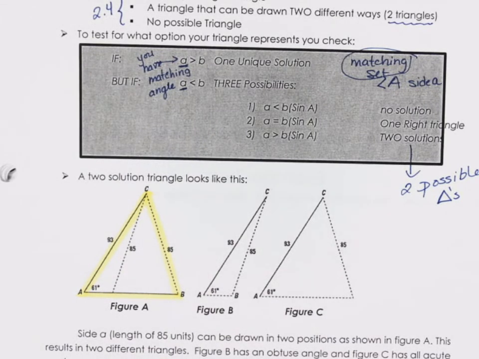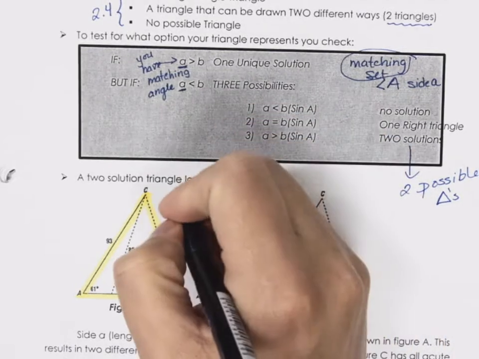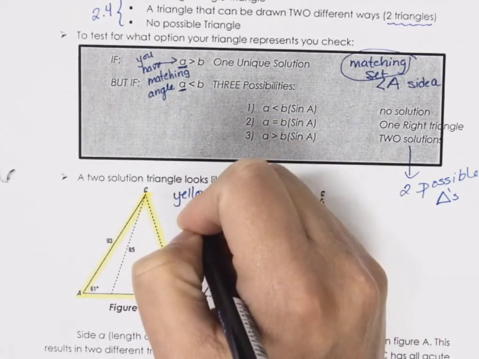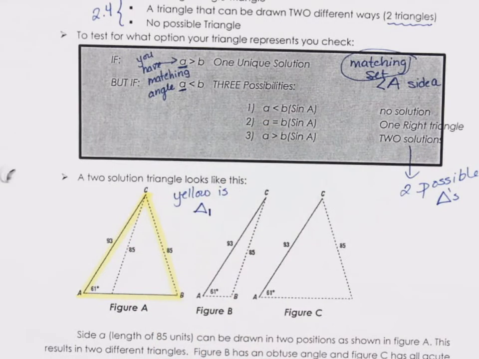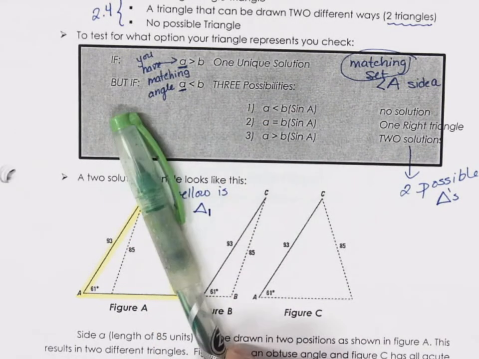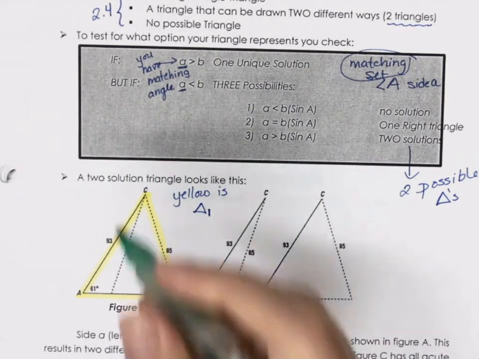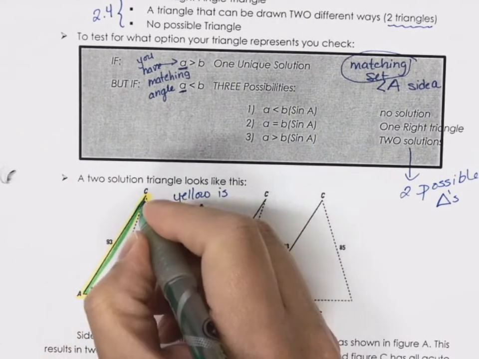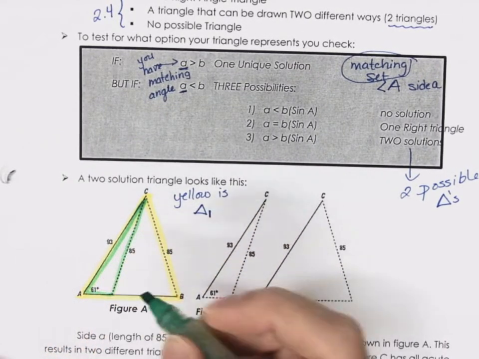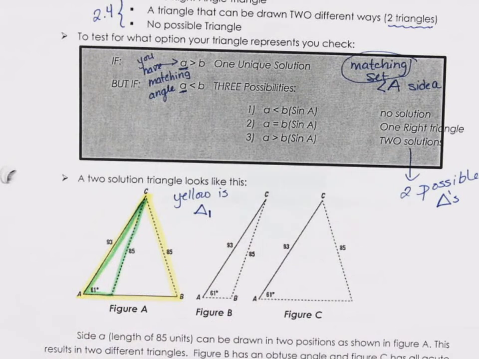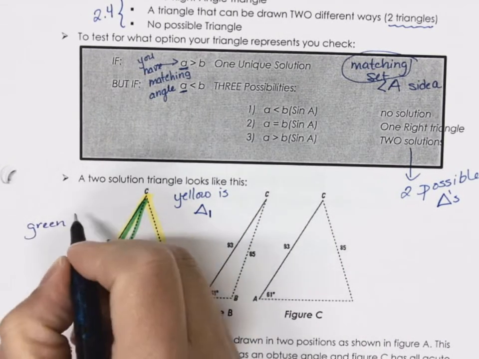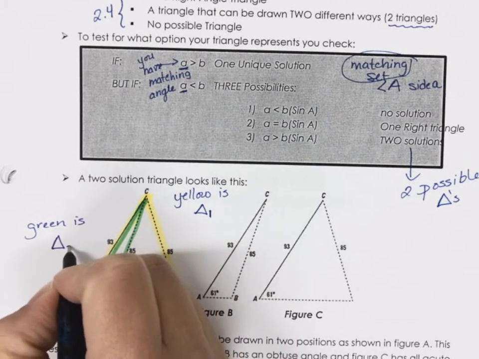I've got too many things. So yellow is triangle number 1. And then that outer side swings in, and you end up with this little tiny triangle like that. So green is the second triangle.